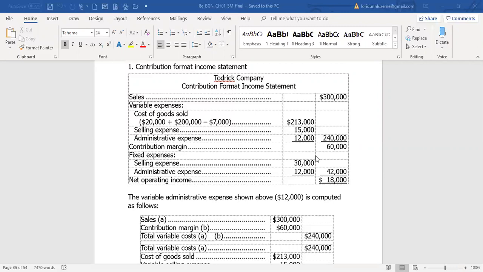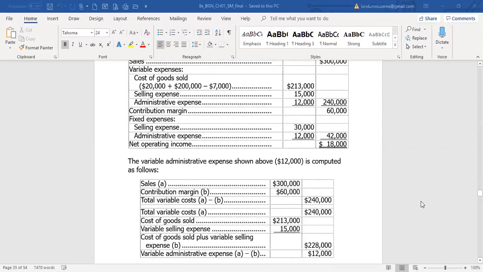Now, they also show you how to determine variable expenses this way if you wanted to follow it, and that's basically what we did. We said sales minus contribution margin gives us total variable costs. We know two of the variable costs, add them together, there's how we get our third.